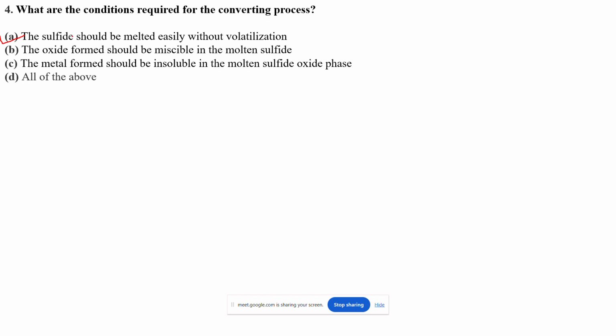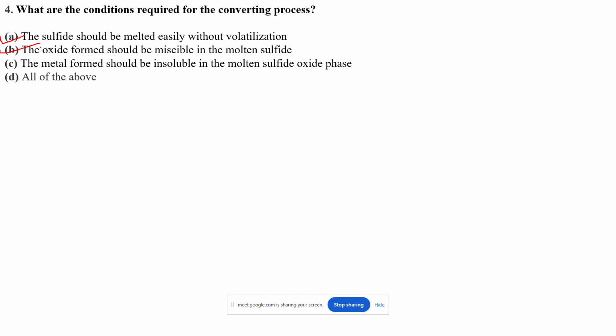Then the oxide form should be miscible in the molten sulfide. Yes, generally the Cu2O formed during the converting process is miscible in the molten sulfide so that it can react with the copper sulfide. So Cu2O reacts with copper sulfide to convert the copper sulfide and copper oxide into copper metal.